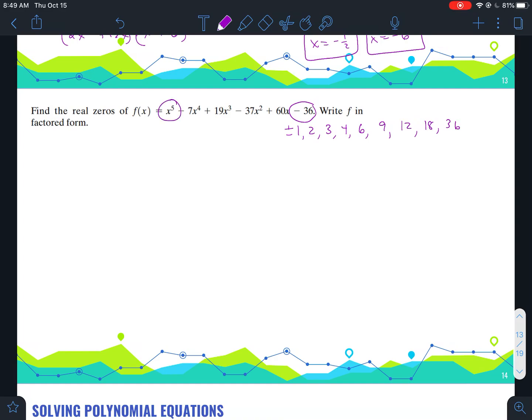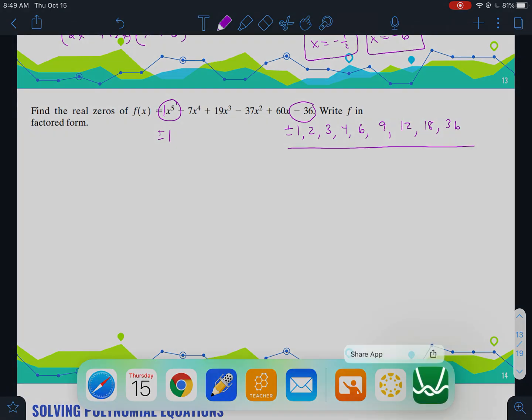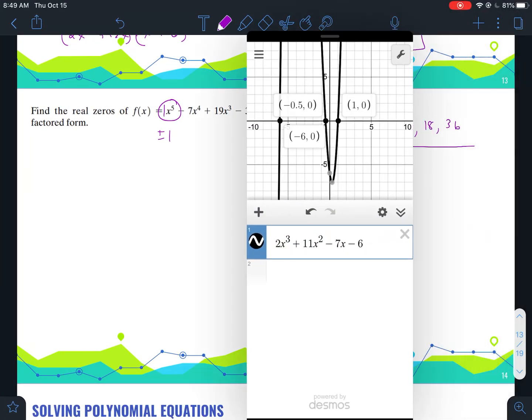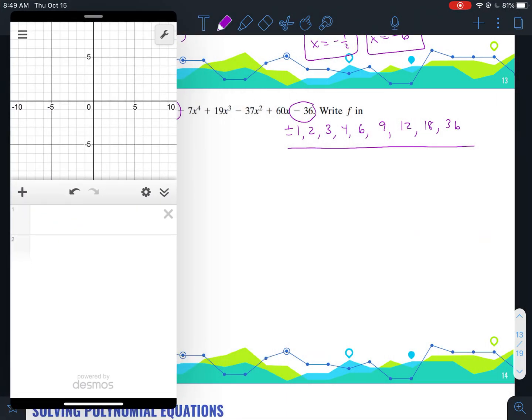That's a lot of them. And then all the factors of 1, so plus or minus 1. So all of my possible zeros are 1, 2, 3, 4, 6, 9, 12, 18, and 36. And then I could use synthetic division to find all of them, but we're not going to do that. We're just going to use Desmos and figure out what they are.